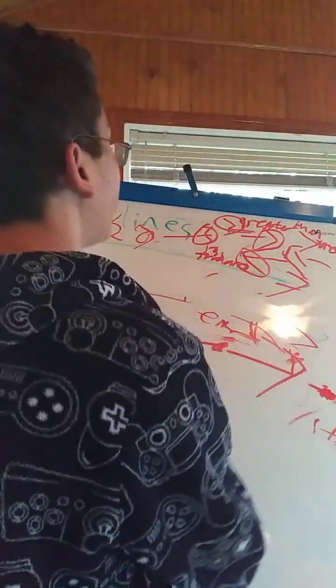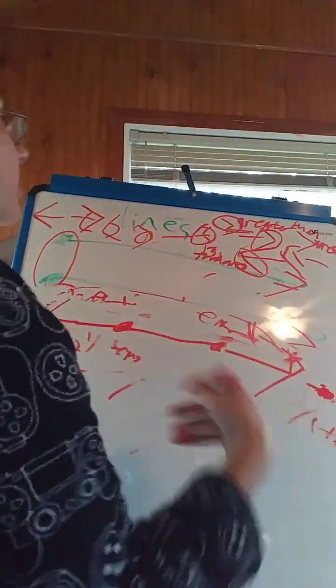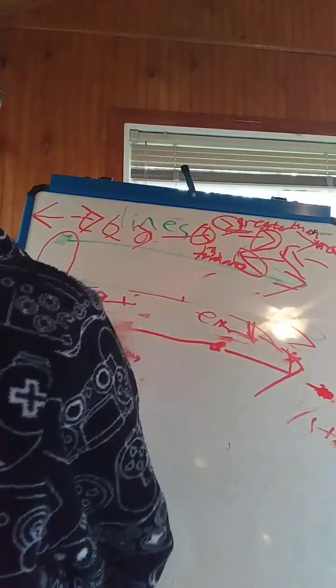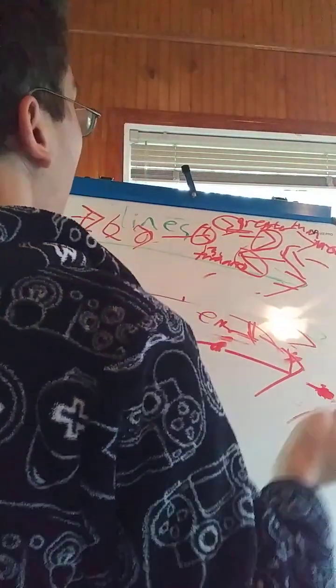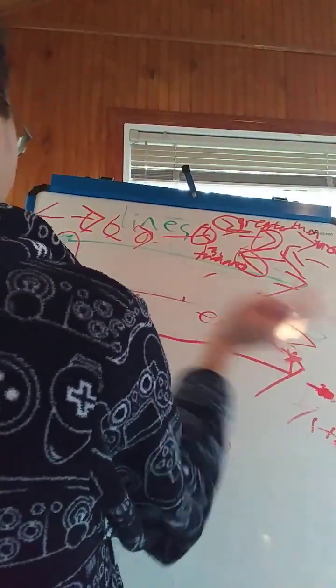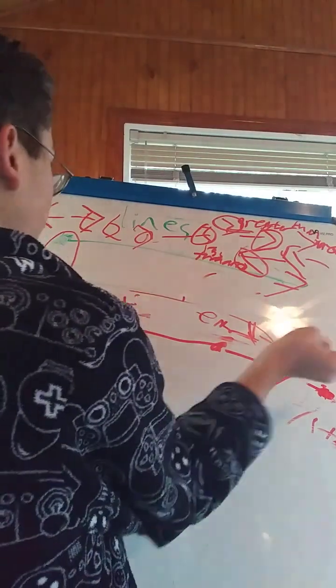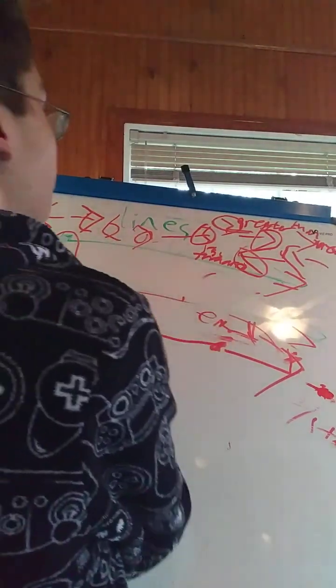By the arrows we can see which direction it's going in. This arrow is going left, this arrow is going right. The line keeps going left over here.